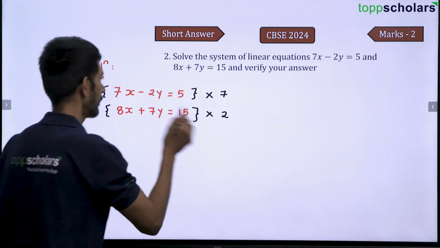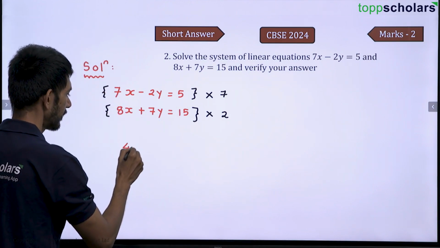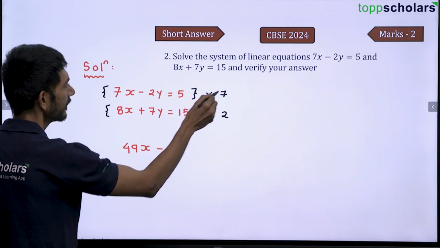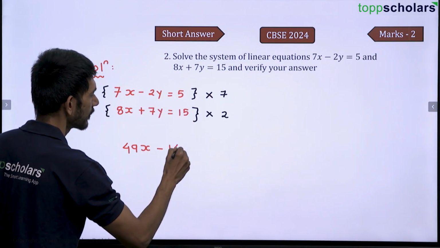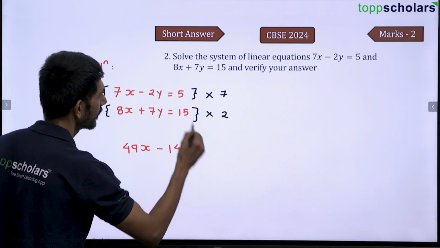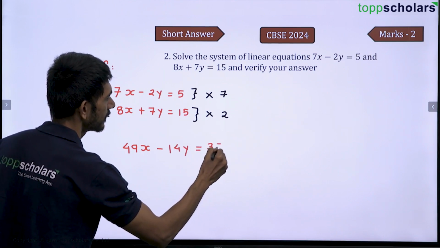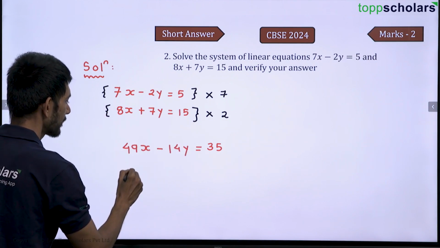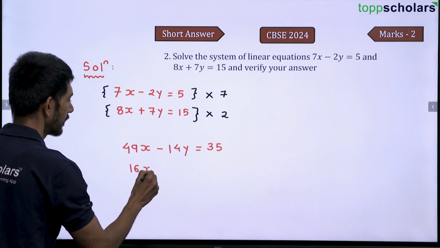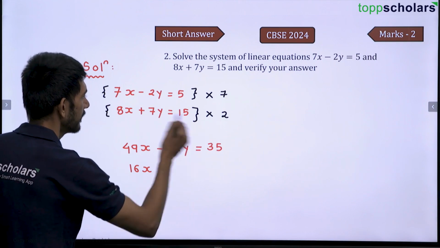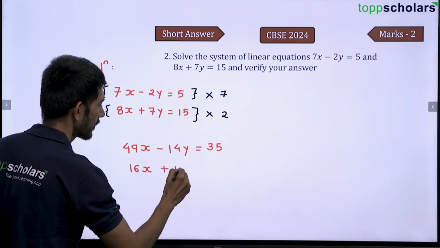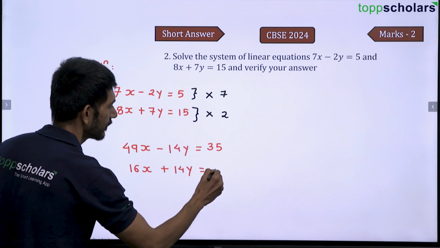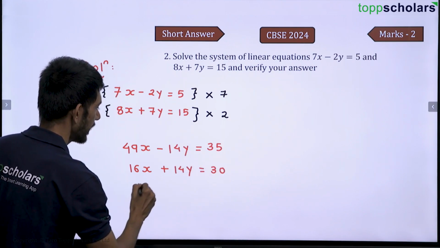Now let's multiply 7 inside. 7 into 7 is 49, right? So I get 49x minus 7 into 2 is 14y, 7 5s are 35. Multiply 2 inside, 8 2s are 16. So 16x, 7 2s are 14, plus 14y, and 15 2s are 30, right?